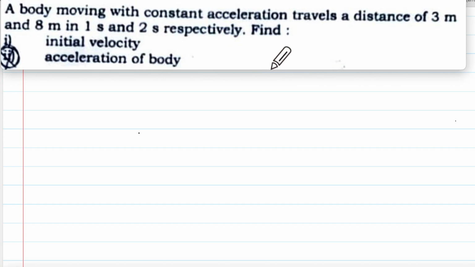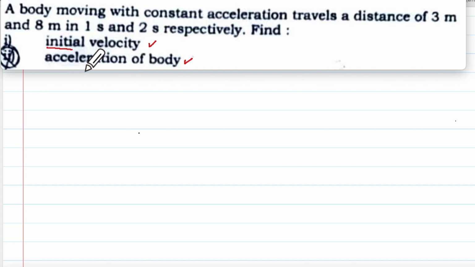And we are asked to find its initial velocity and the acceleration. These types of questions are exam favorites, and once you understand the step-by-step solution, you'll be able to solve similar questions quickly and easily. Let us see what we have here.